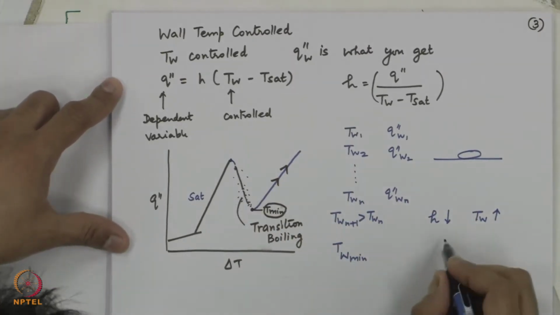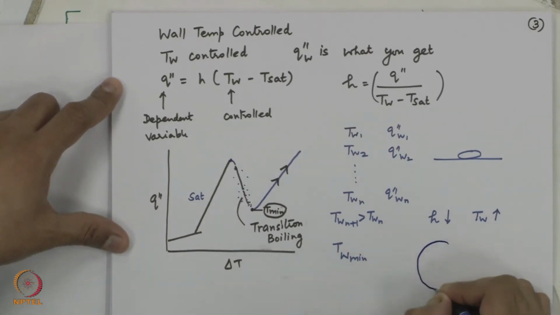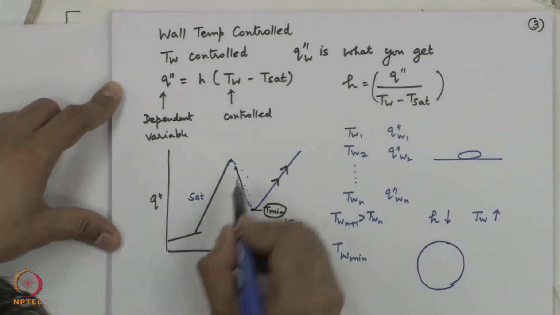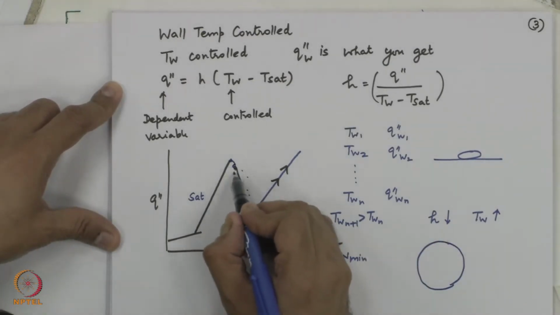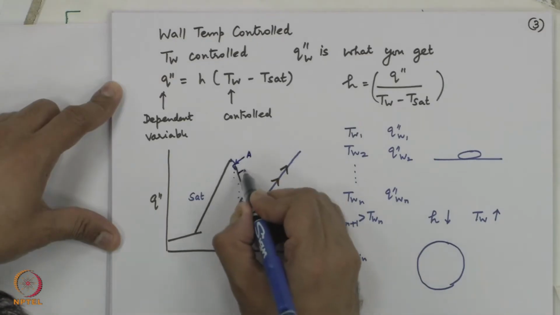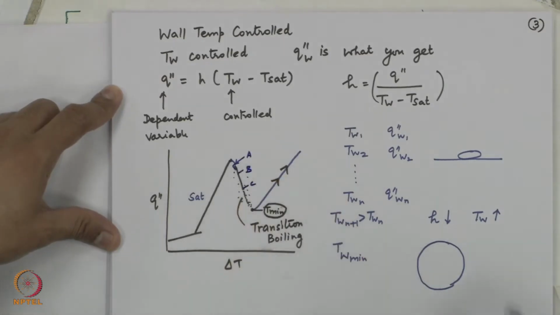By that I mean, if I take the top view of this vessel, at say this value of T wall, let me call this A. I will give another example at B and C, and so on.